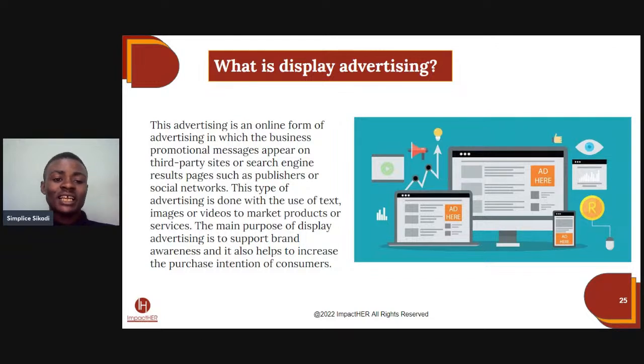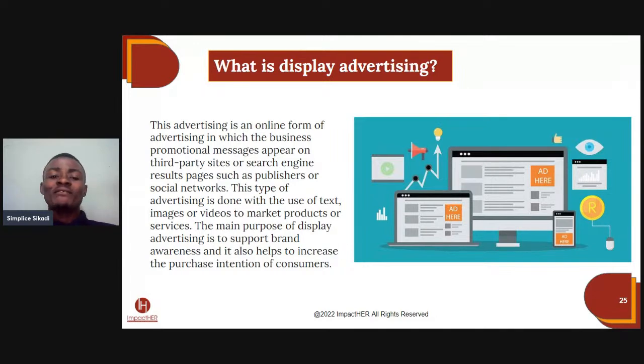That's display advertising. Or you go on a website and you see so many ads trying to interrupt you, trying to distract you. That's display marketing. Display marketing is when Google decides to use third party websites to promote your products. Google has a network, right? Google has a network of websites with very high traffic.